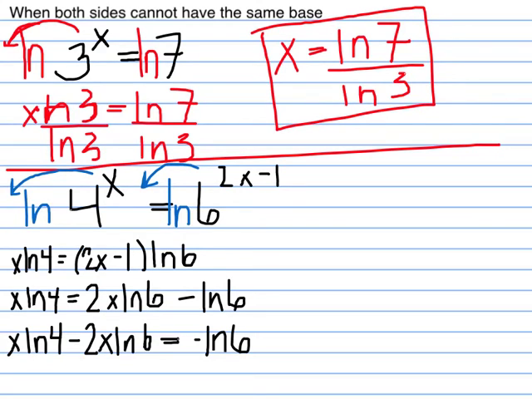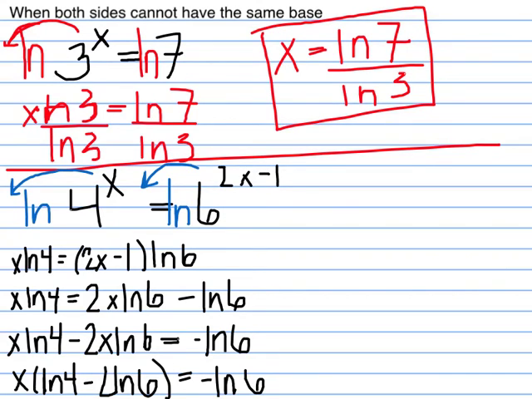Now, the rule is if you have a variable that you're solving for in two different terms, look to see if you can factor that variable out. So I am going to factor the x out. I have x times ln of 4 minus 2 ln of 6 equals negative ln of 6.